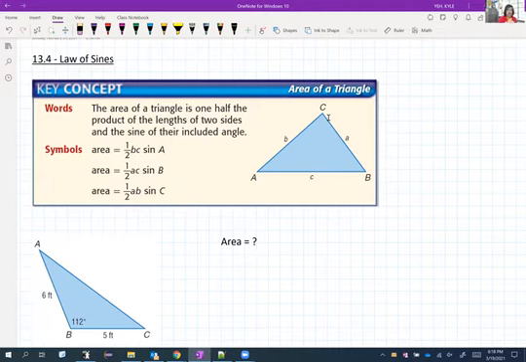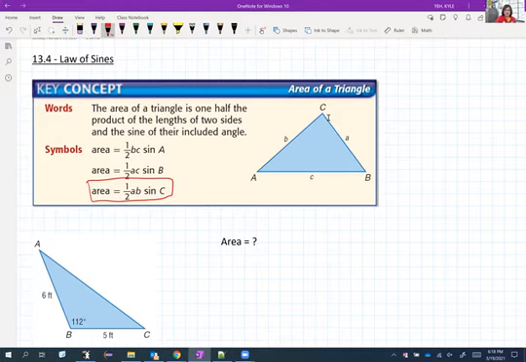So taking a look at the cutout from your book, you'll see three equations down here, all saying area. And if you look closely, they all kind of say the same thing. I usually focus in on this one. So I would write down in your notes that bottom equation. That's the one I'm going to quote.